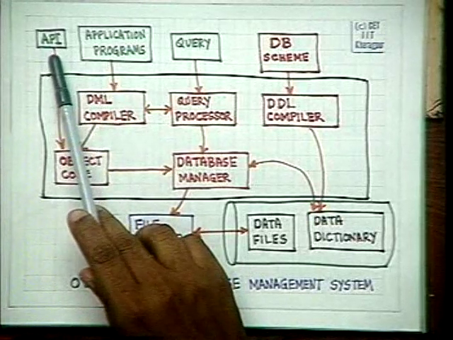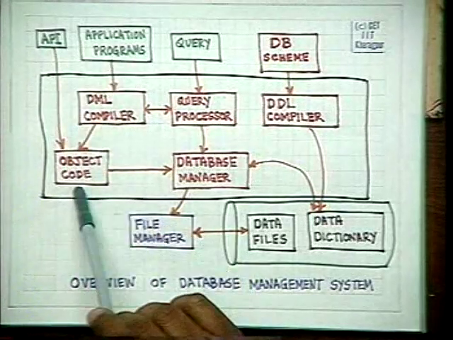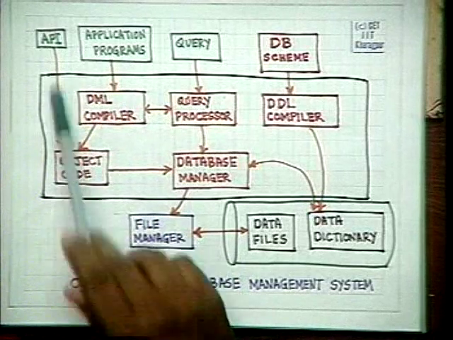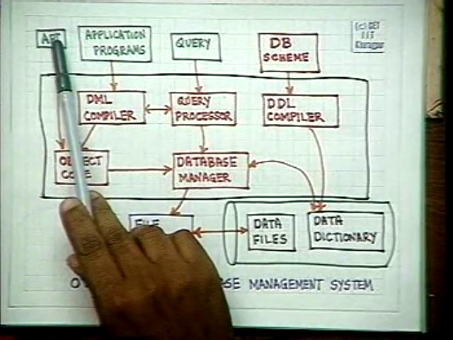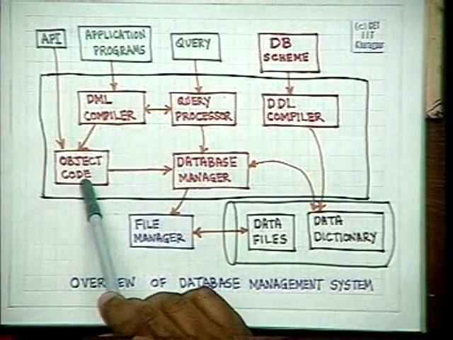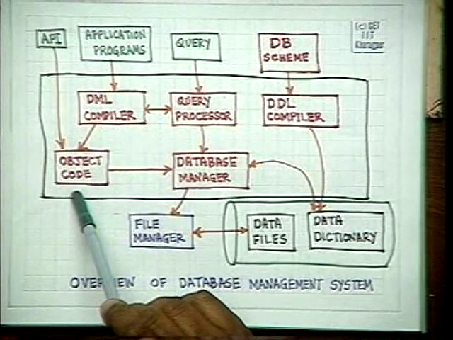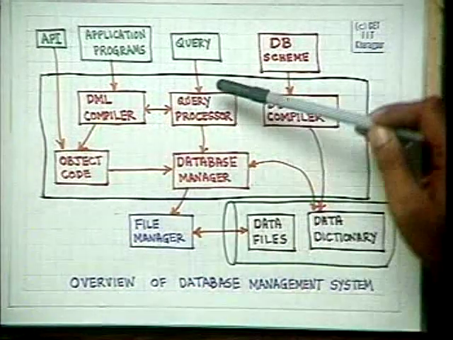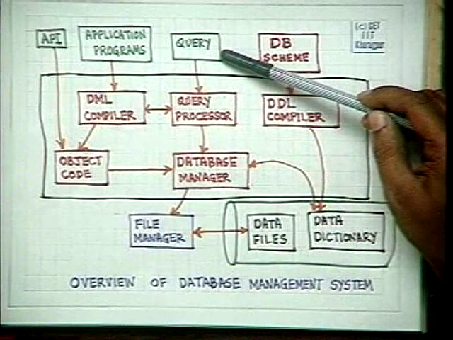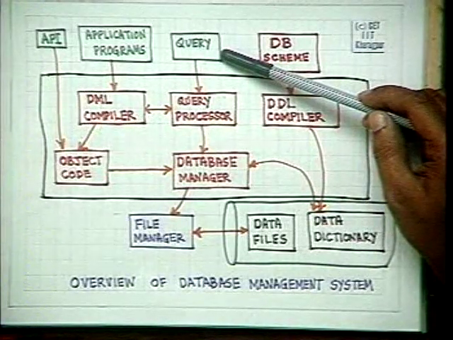APIs or application programming interfaces are pre-written application programs which can only be run here. So whenever they are run, the object code is invoked and it is automatically executed. What is a query? A query, as I had mentioned, is a portion of the data manipulation language where you can ask, retrieve information using some high level calls.